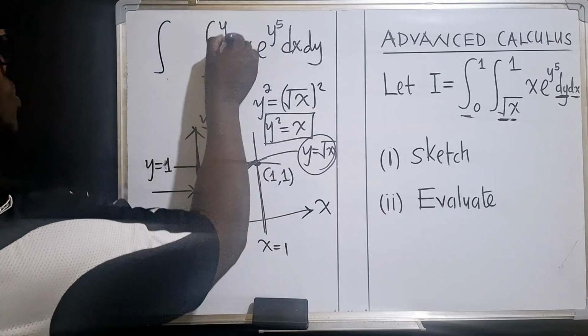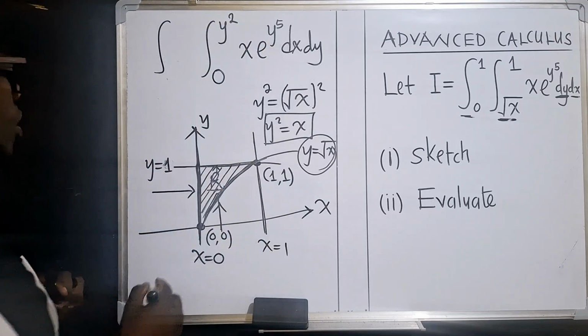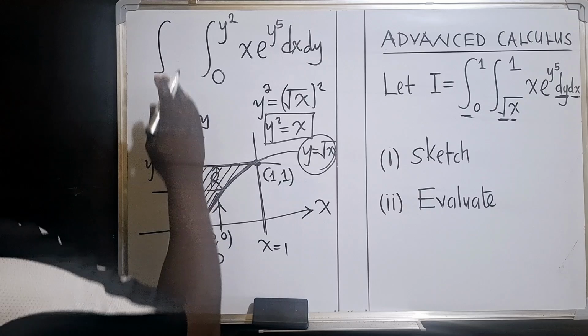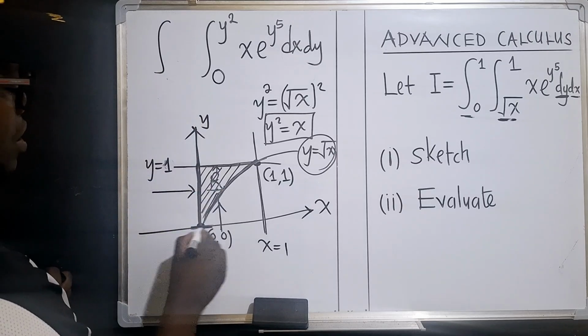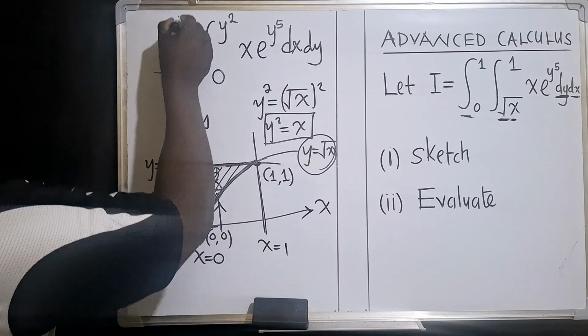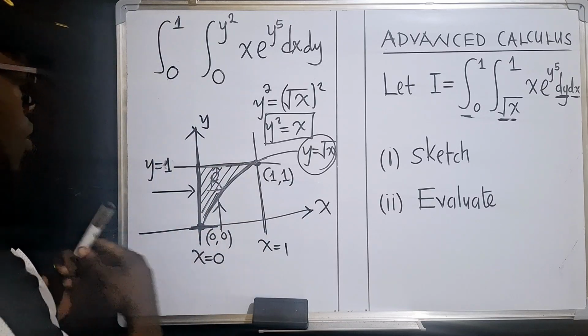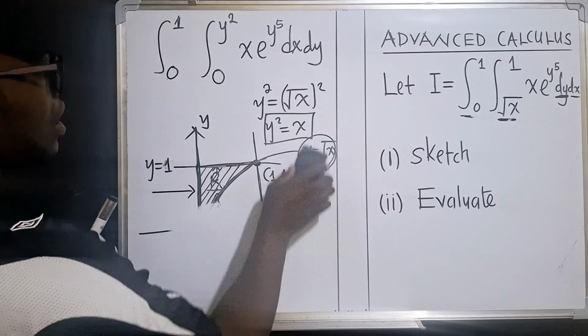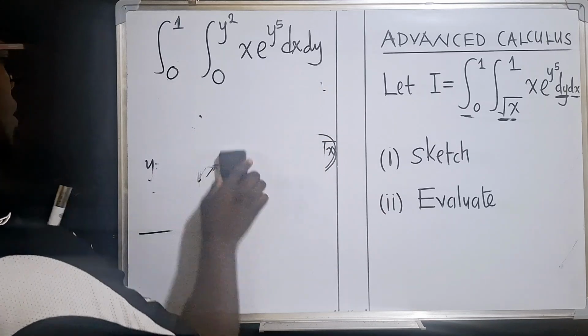So we can say y power 2. And then here for the y-axis, the lower limit is 0, and the upper limit is 1. So we can now integrate. Since we've changed the limits, we can integrate.